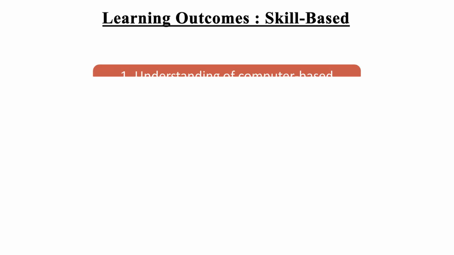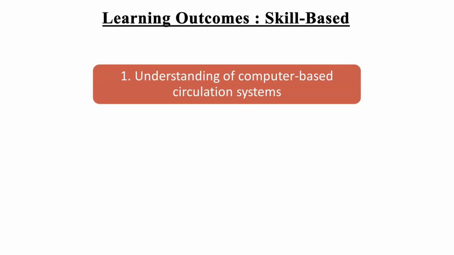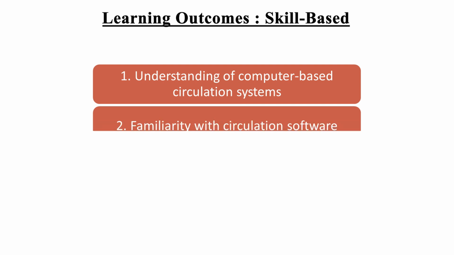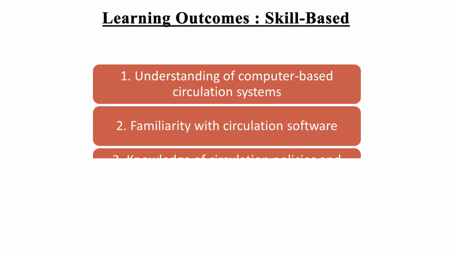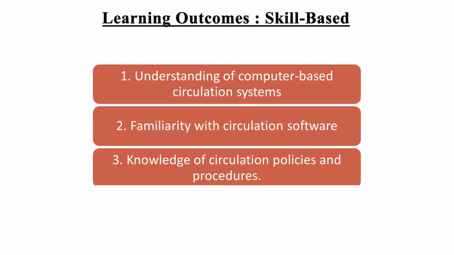Then the learning outcomes will be understanding the computer-based circulation systems, familiarity with the circulation software, knowledge of circulation policies and procedures. So knowledge-based learning outcomes: understanding the circulation policies and procedures.